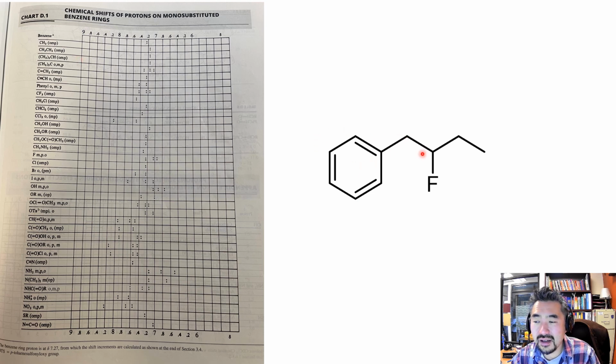This particular group is not listed here because it's very specific, but it's like that CH2 alkyl group that's attached. So the most similar thing is right here, the ethyl group. And then you would predict that at the ortho, meta, and para positions, the shift you expect is around 7.18 or something like that. So that's the shift you expect.